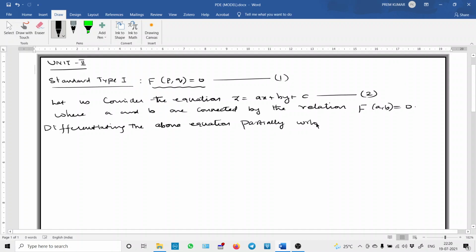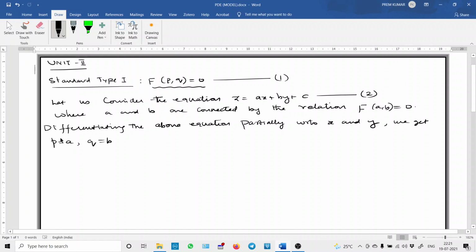What happens if you differentiate with respect to x partially? The left hand side is dou z by dou x, right hand side will become a. So we get p equals a. And if you differentiate with respect to y partially, we get q equals b. This is what we get from the second equation.